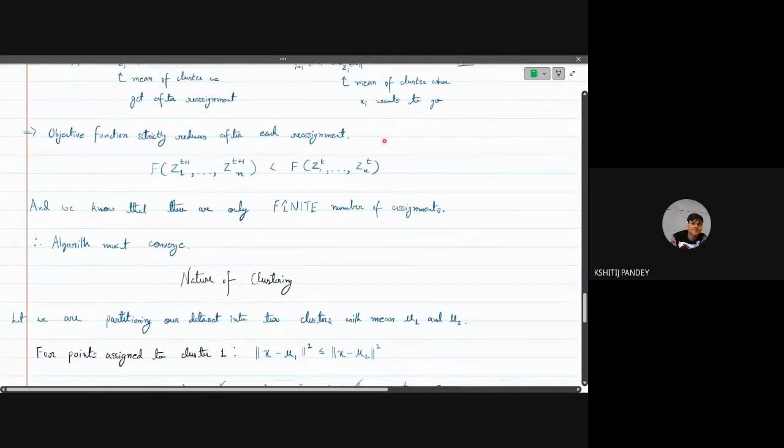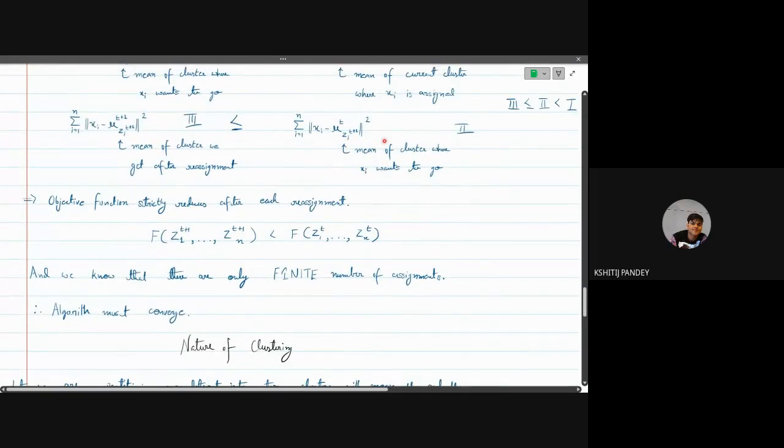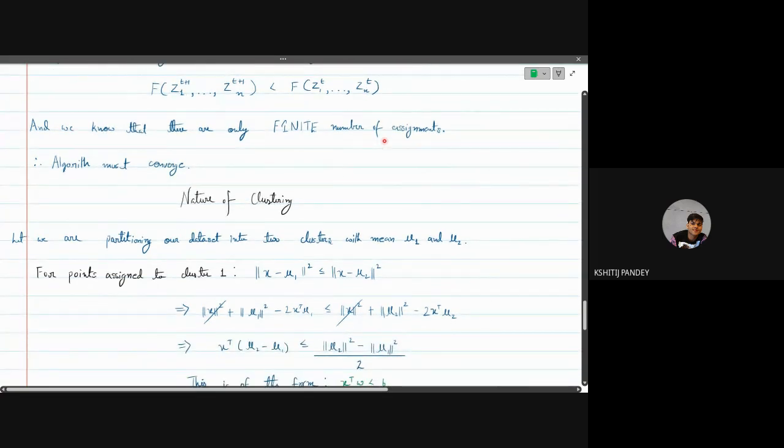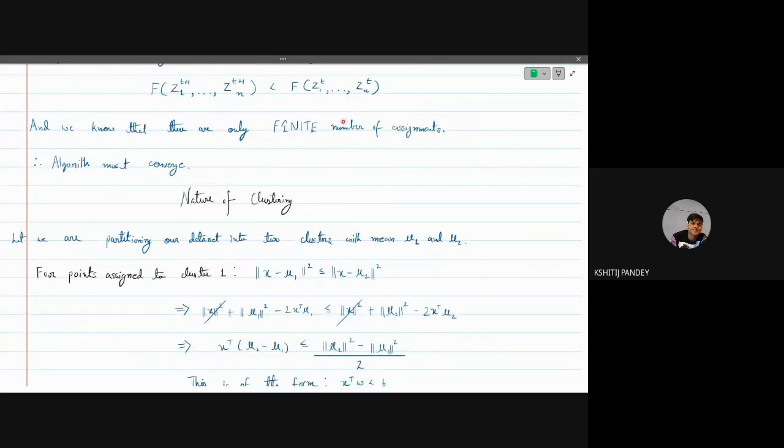Now, let's talk about another thing, which is the nature of clustering. Let's say we are partitioning our data set into two clusters with means mu1 and mu2. After running Lloyd's algorithm, we have achieved the correct clustering assignment, and the means are mu1 and mu2. So for points assigned to cluster 1, what can we say?